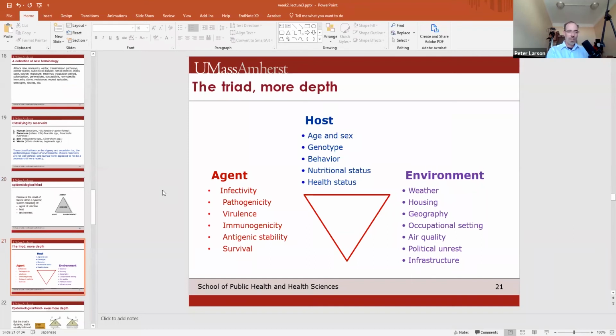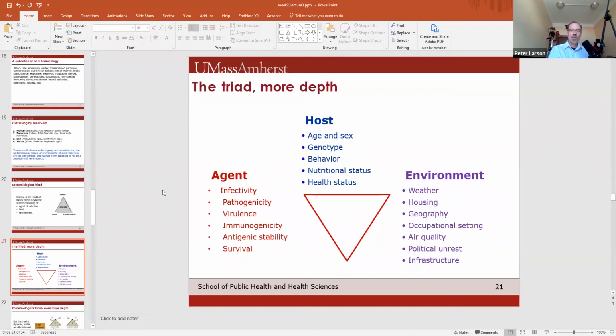Going into more depth on the triad, with agent, the pathogen, we have infectivity, pathogenicity, virulence, which is how serious the disease can be, immunogenicity, how likely is it to produce an immune response in a host, antigenic stability, survival, how long does it last?